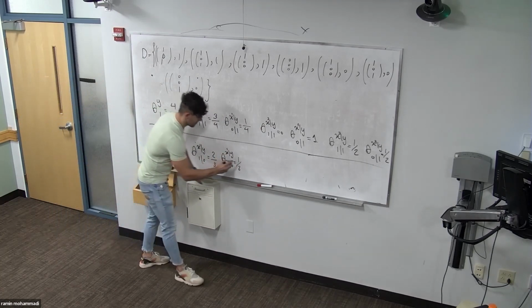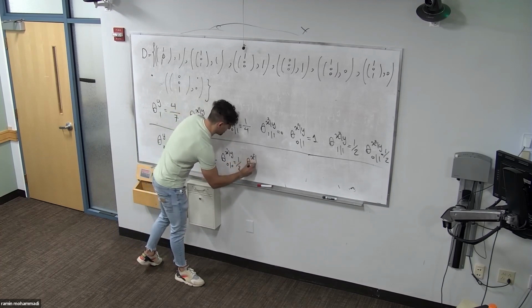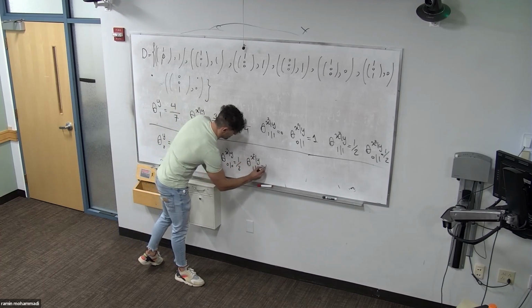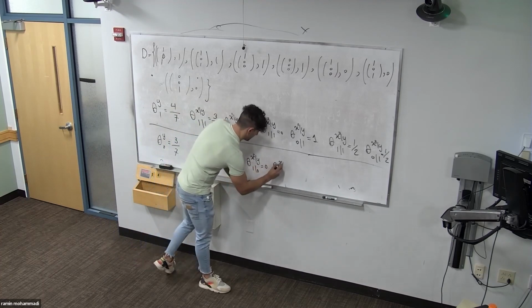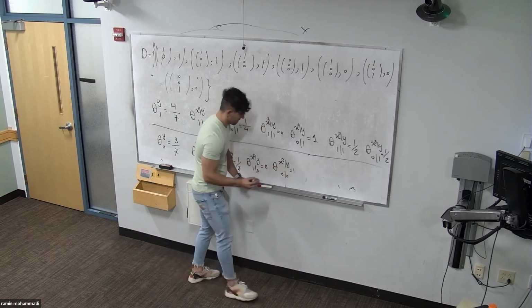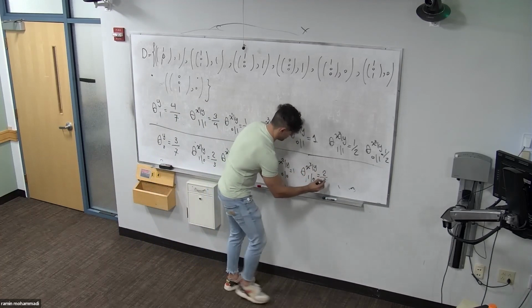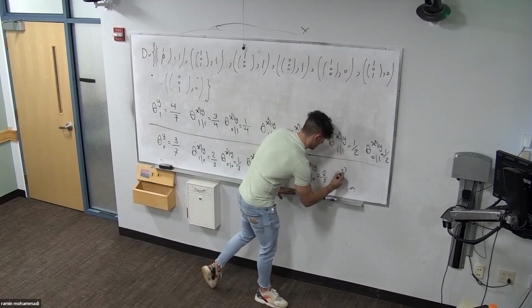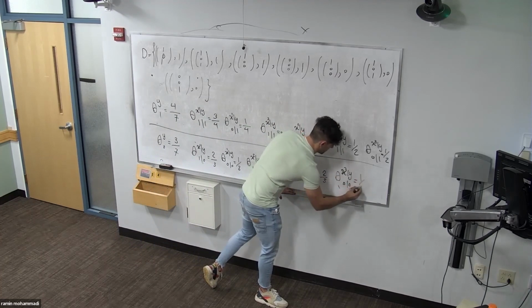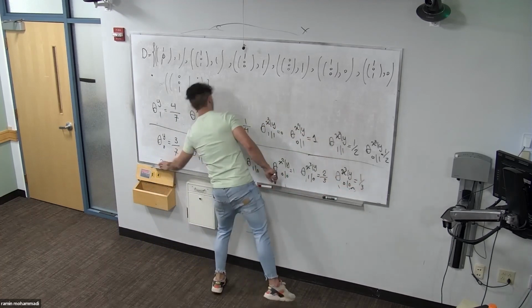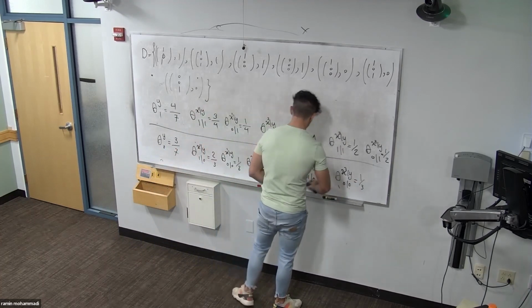What's the probability of dimension 2 being 1 given class 0? That means the probability, no. And what's the probability of dimension 3 becoming 1 given class 0? 2 by 3, and the other one is 1 by 3.